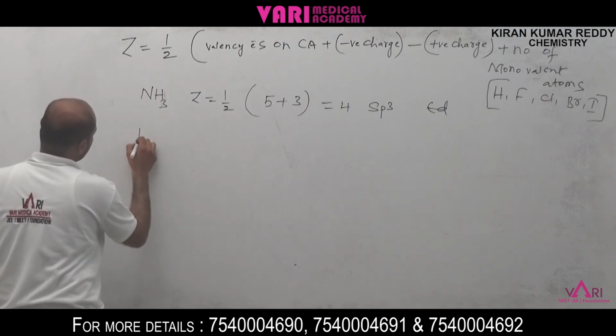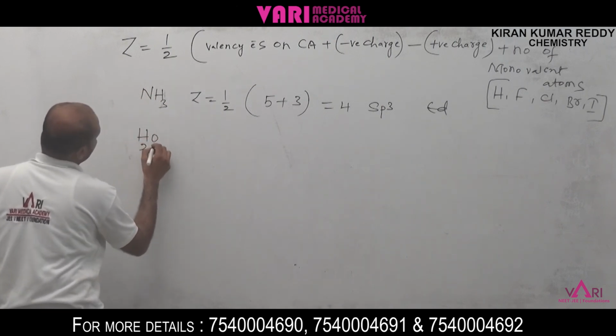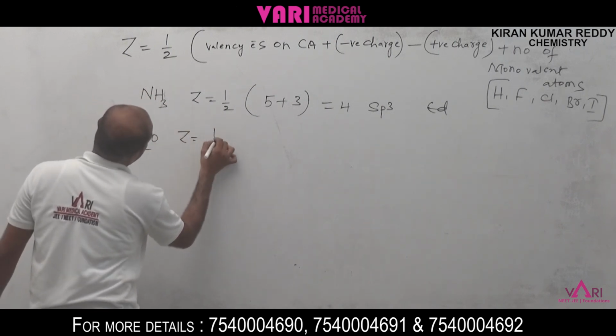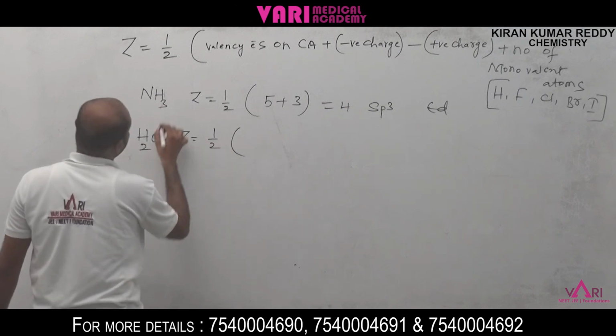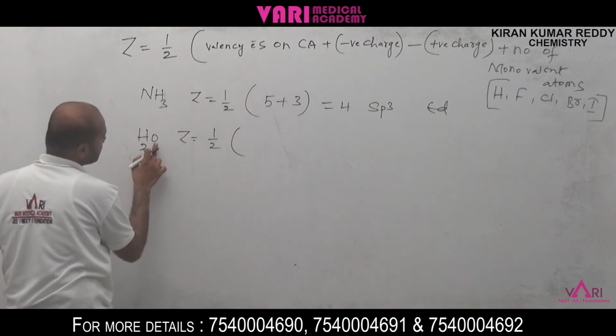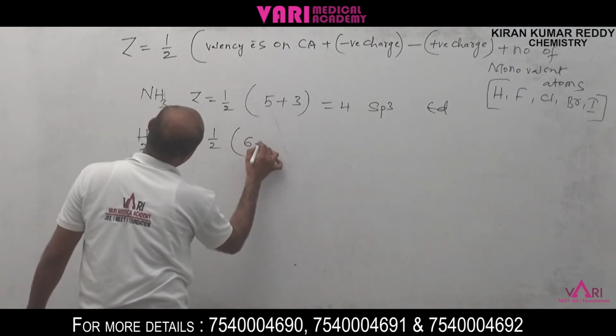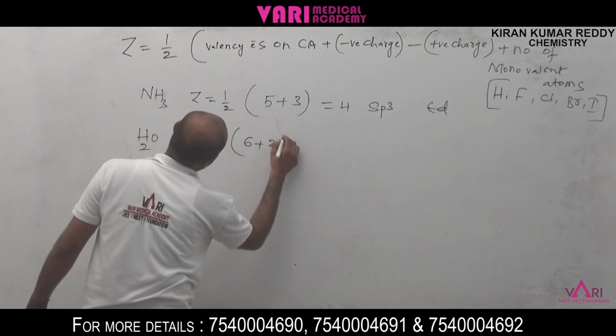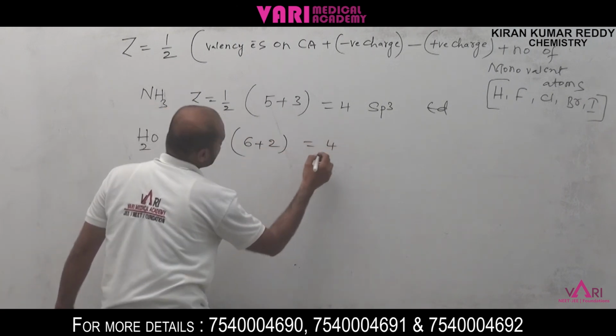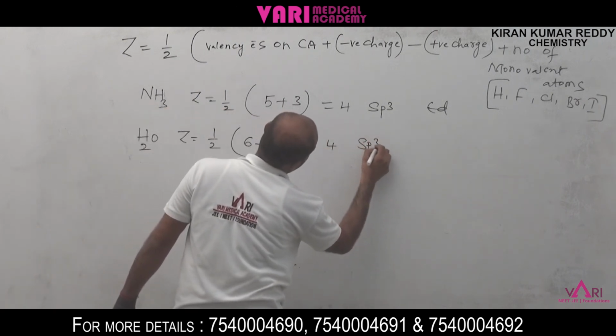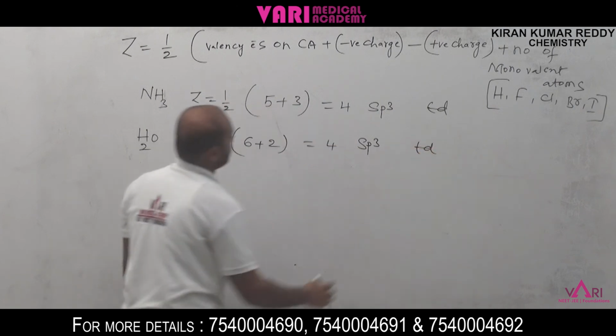Next one, H2O I am taking. Now Z is equal to half of total number of valency electrons on central atom oxygen 6, number of monovalent atoms 2, that is also 4, sp3 hybridization, tetrahedral geometry.